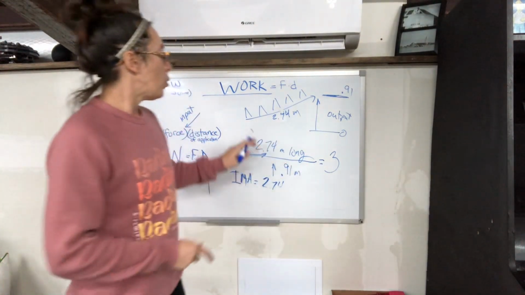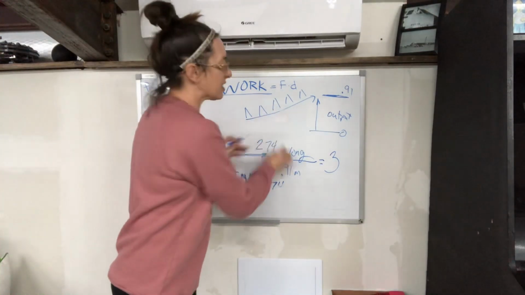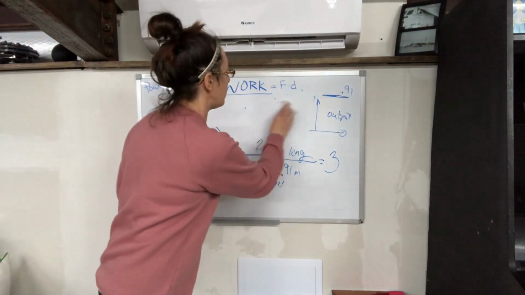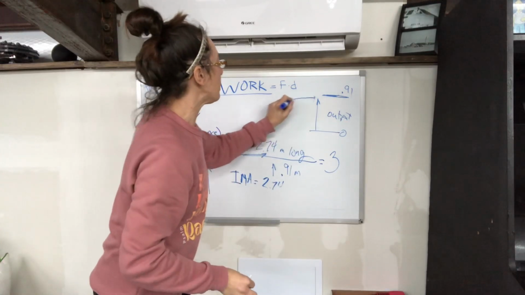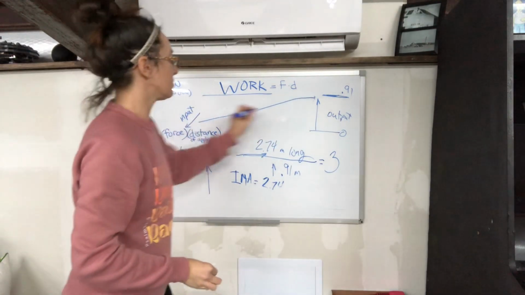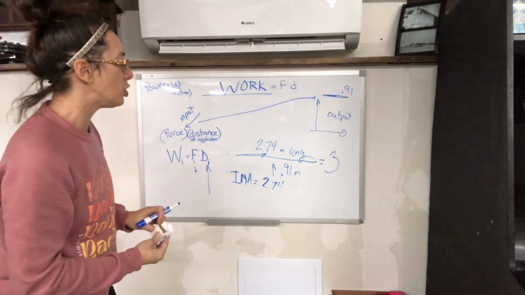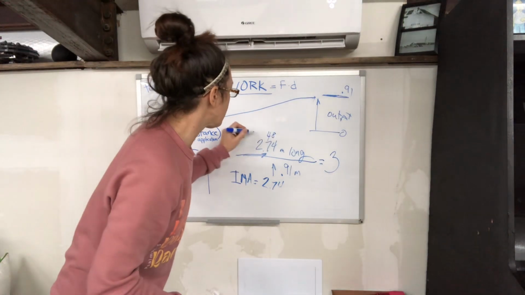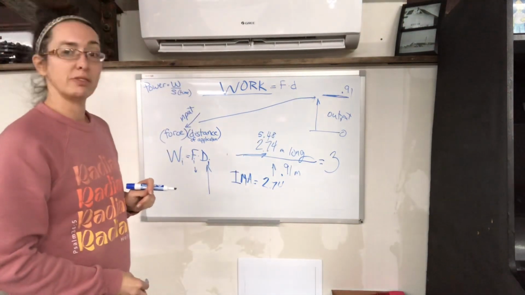Now, what would happen if that still hurt my back? I could take my ramp and I can make my ramp longer. So what if I was now not going 2.74, but I was going 5.48 meters?